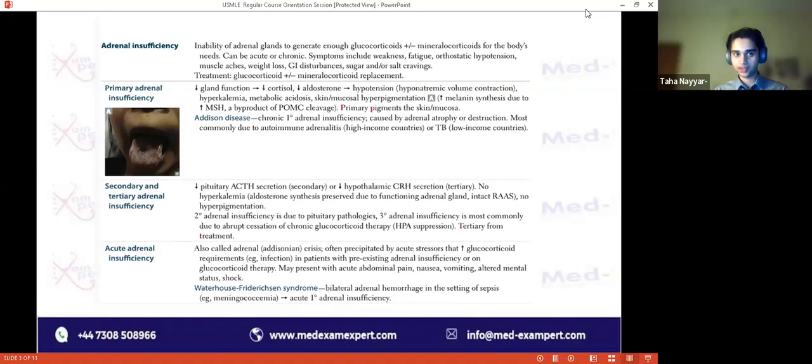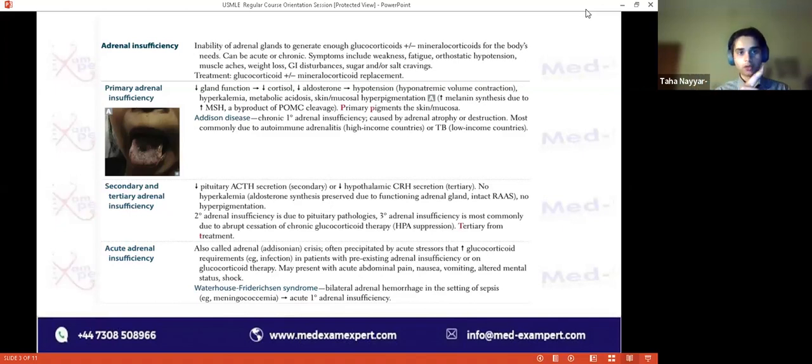The cortex has three layers, and each layer is very specific and creates a very specific hormone. You should know these layers. The cortex is divided into three parts: zona glomerulosa, zona fasciculata, and zona reticularis. There's a mnemonic, GFR, salt, sugar, sex. G is for glomerulosa, which corresponds to salt.